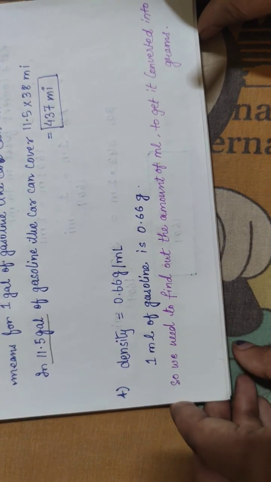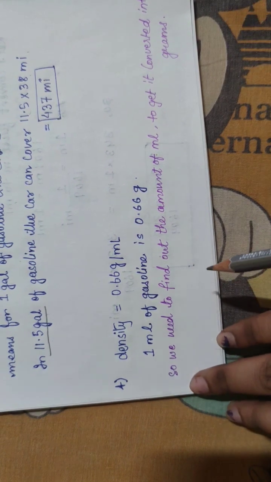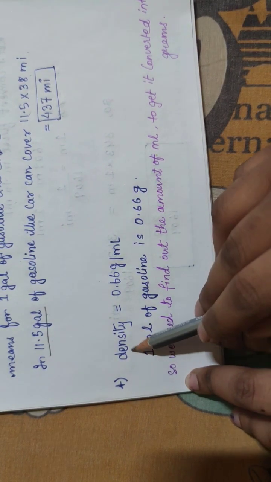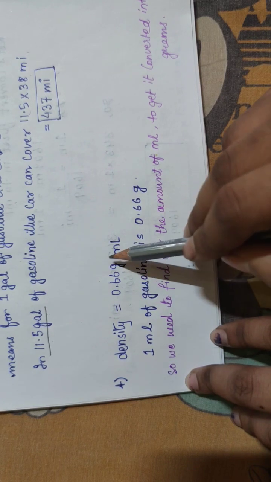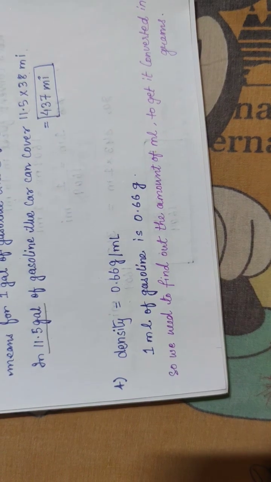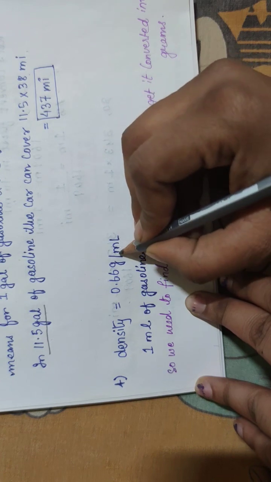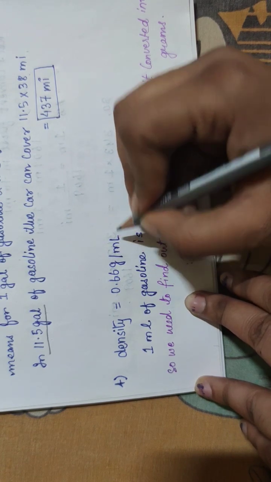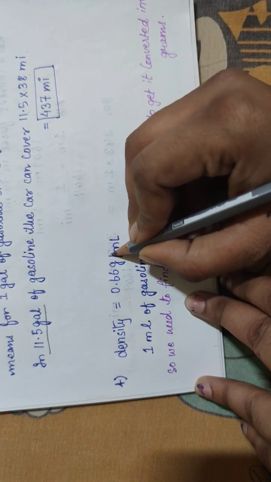Okay, let's move to the fourth question. Here we have density given as 0.66 gram per milliliter. Again we have the same rule: if there is nothing before milliliter, only per milliliter is written, you can assume that it is 1 milliliter.